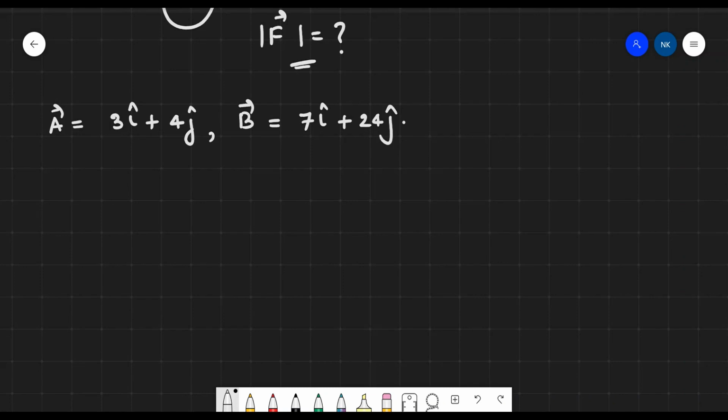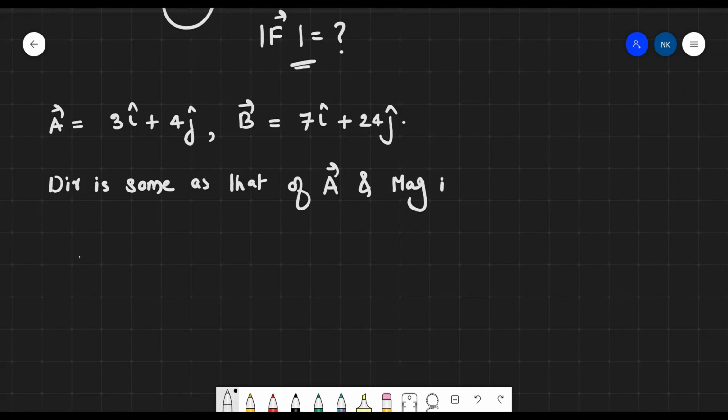Okay, now we need to find out a vector whose direction is same as that of a vector and magnitude is that of what, b vector.